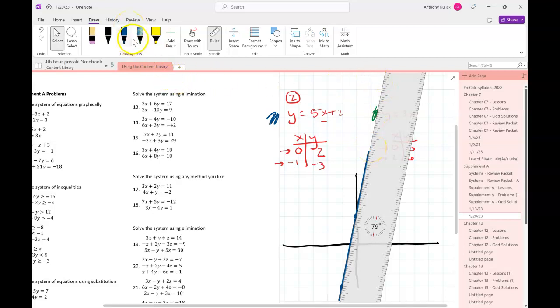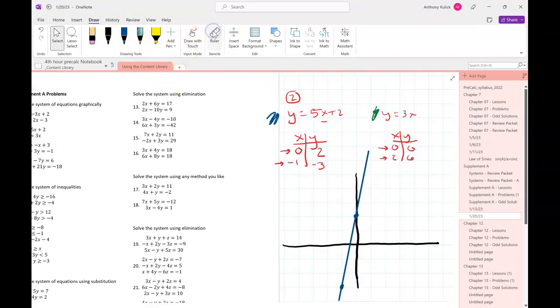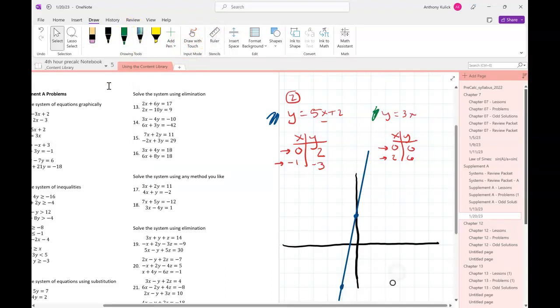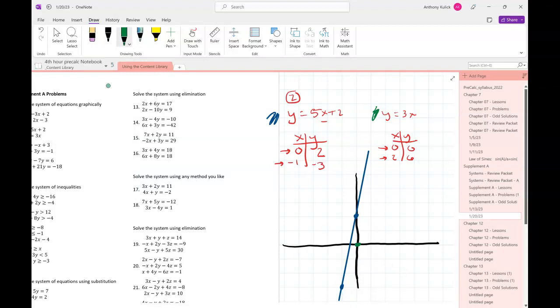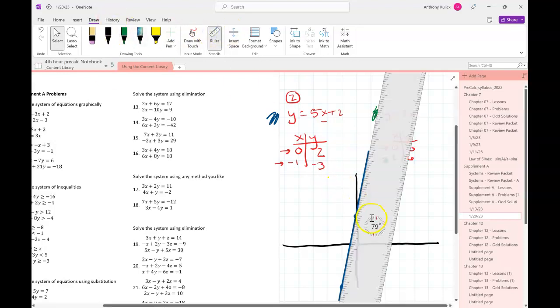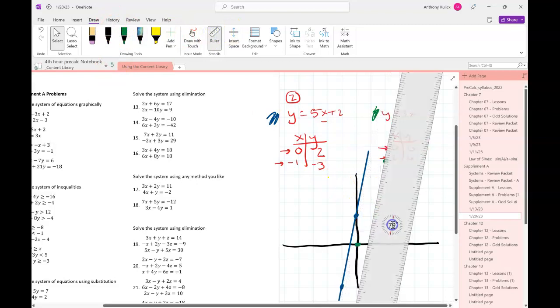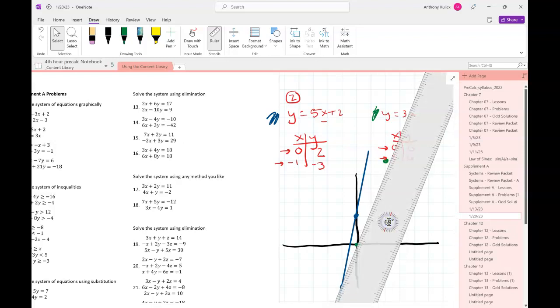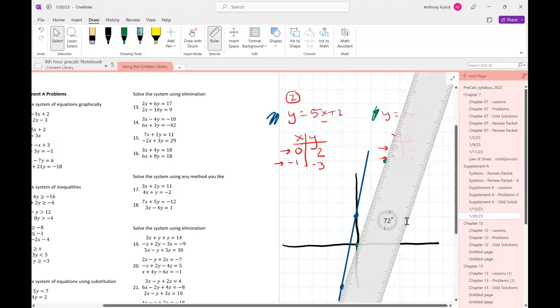Now the other one. I have 0, 0, and then I have 2, 6. 1, 2, 1, 2, 3, 4, 5, 6. That looks pretty good.